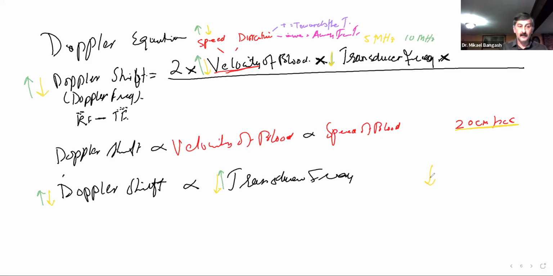Whereas if the same blood flowing at the same speed was recorded using a high frequency transducer, we will get a greater Doppler shift. Is that clear?